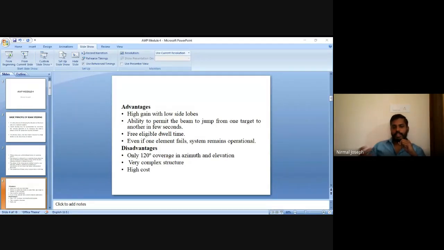It may affect a little the directivity, or what we can say, the extent up to which the major lobe lies. That can reduce a little, because earlier 10 waves were constructively interfering, and now only 9 waves are constructively interfering if one element fails.